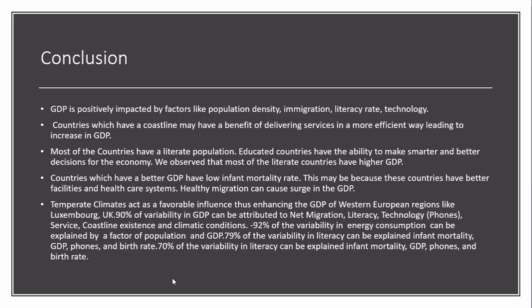And apart from that, I would like to suggest that these are just a few factors, because there are many other factors which are complexly correlated or complexly in relationship with GDP.